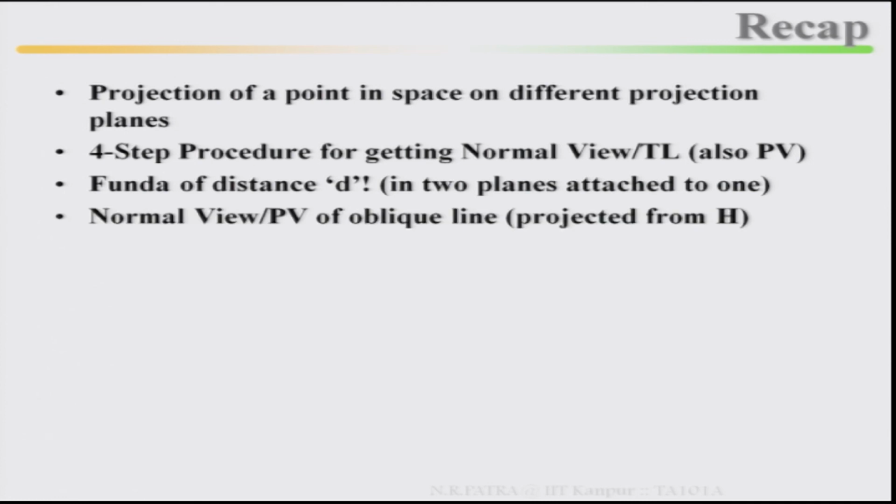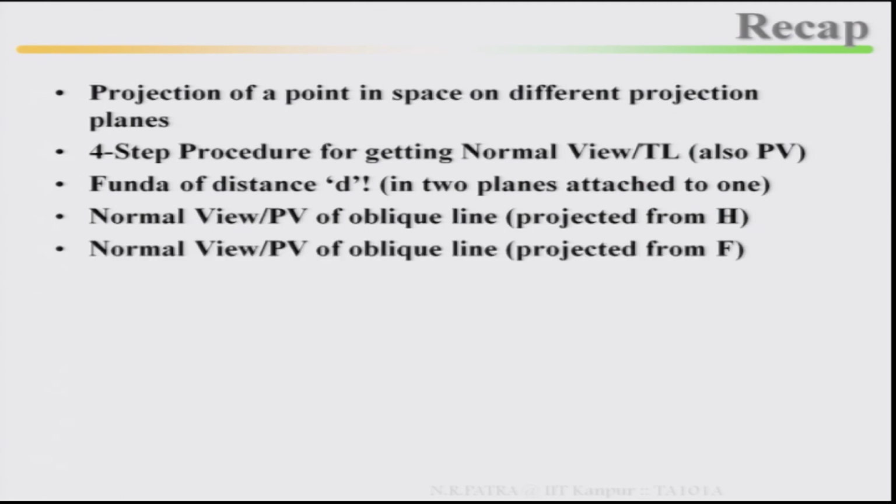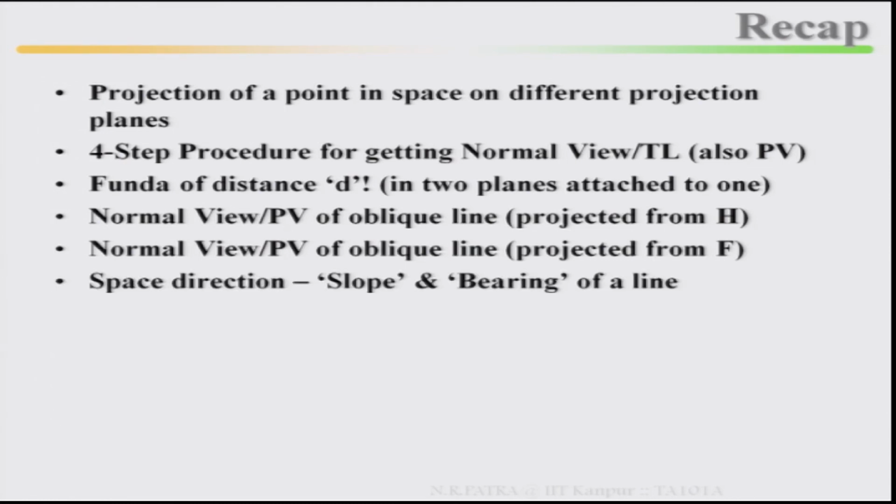Then normal view and point view of an oblique line projected from the edge view of the horizontal plane, projected from the front view, projected from the top view. Then space directions, slope and bearing of a line. Up to this has been covered and we have learned.